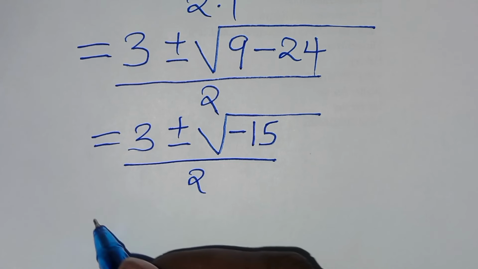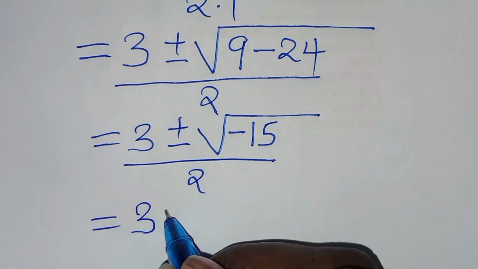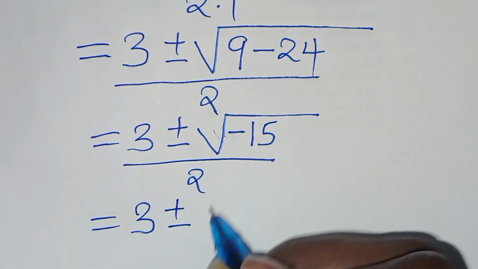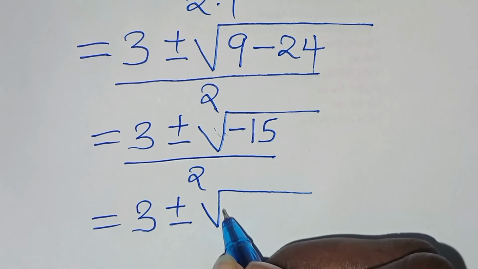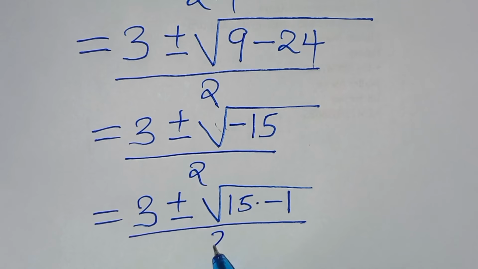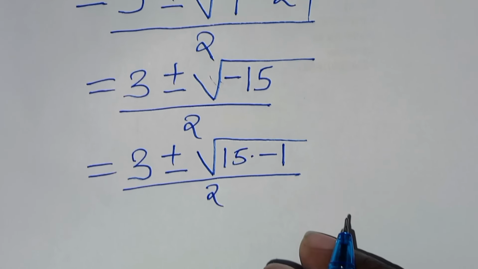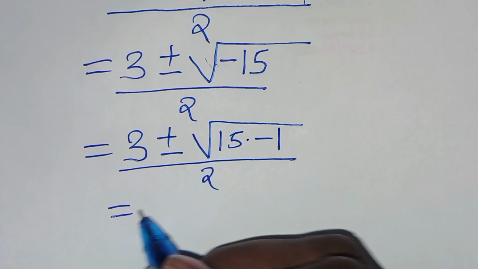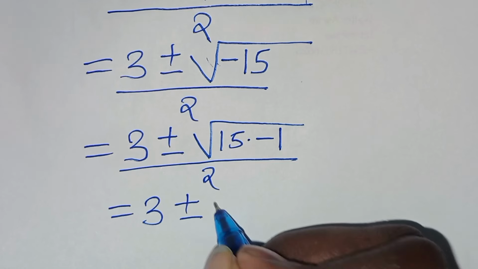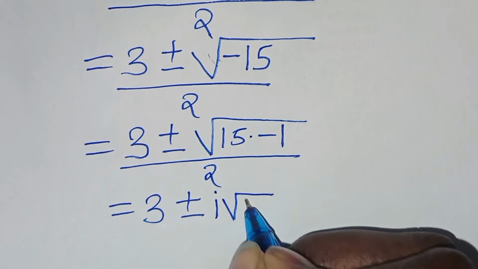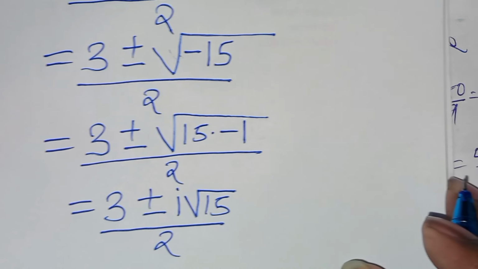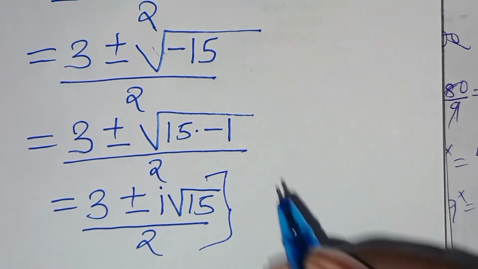So therefore from here, we have this as 3 plus or minus. We can express the square root of minus 15 as square root of 15 times minus 1 over 2. So this implies that here we have 3 plus or minus the square root of minus 1. This is i, then square root of 15 over 2. So in this case here, we have two complex solutions.